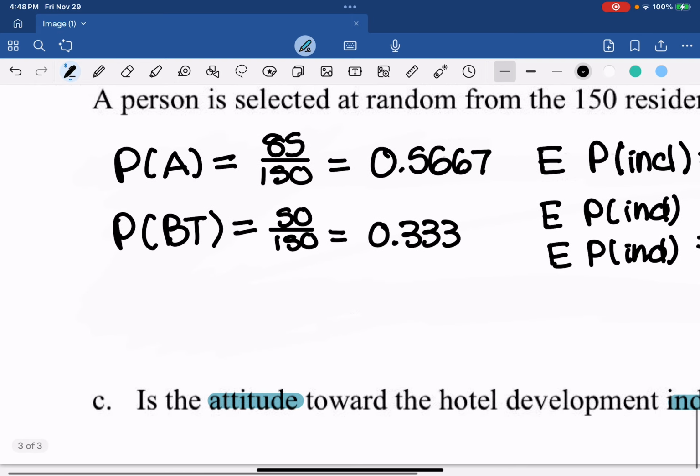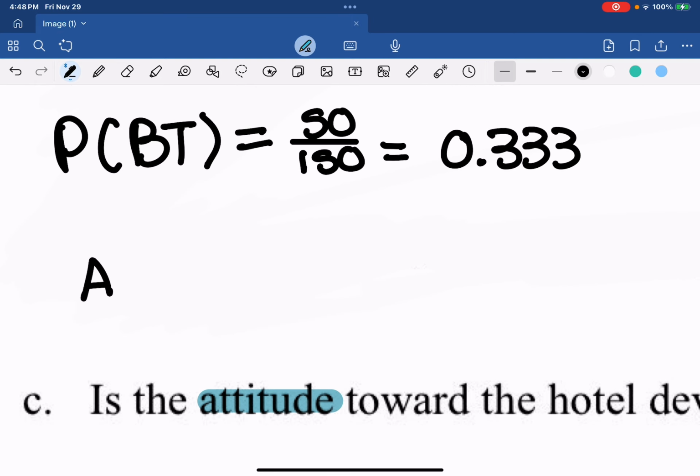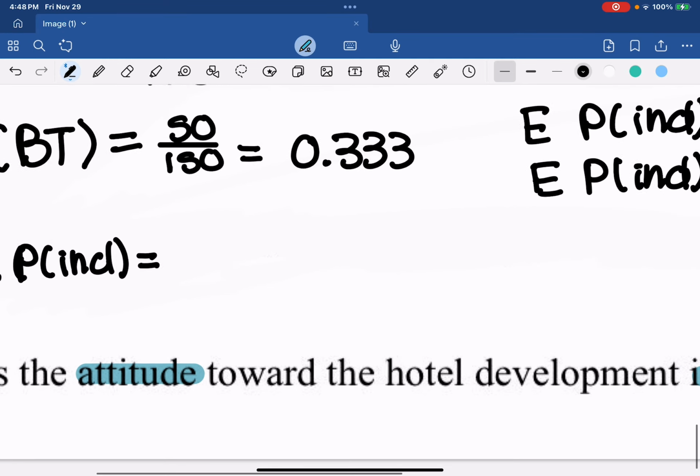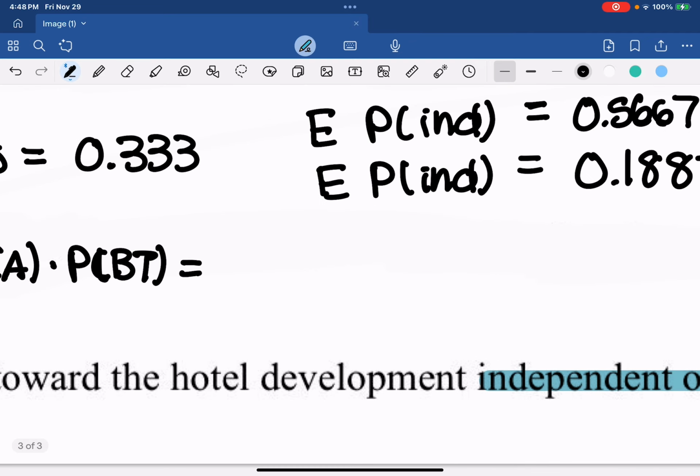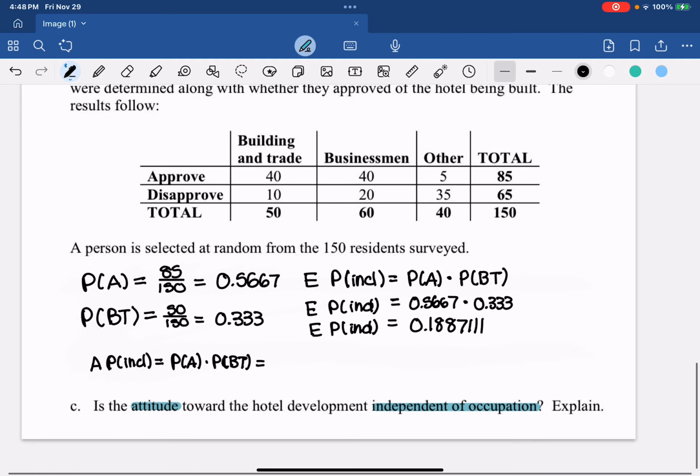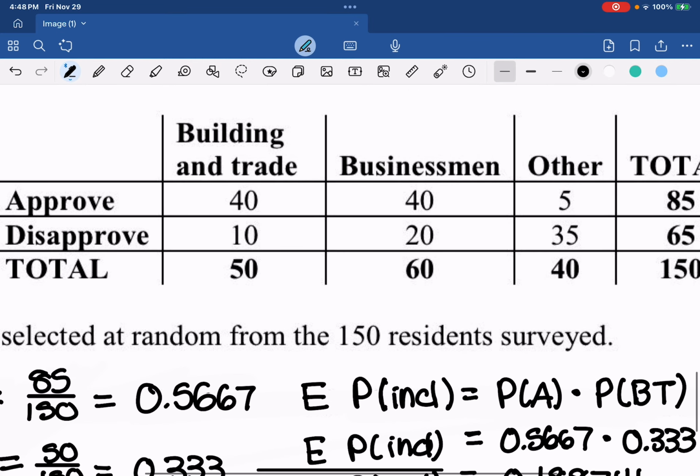Now we're gonna find the actual one, okay? So we're gonna write A over here, and I'm gonna write P dependent. We're gonna do the same thing again, PA times PBT, but this time the actual number of people approving the hotel, people working there, is actually 40.